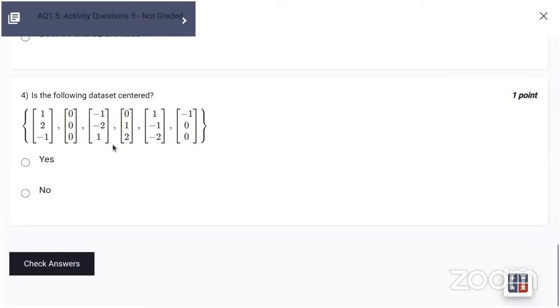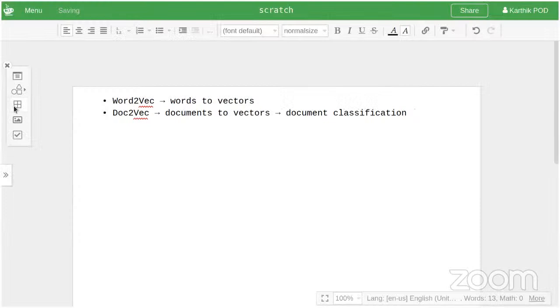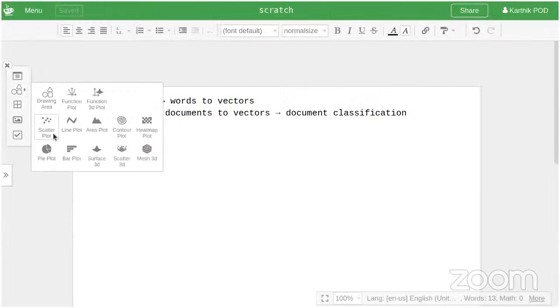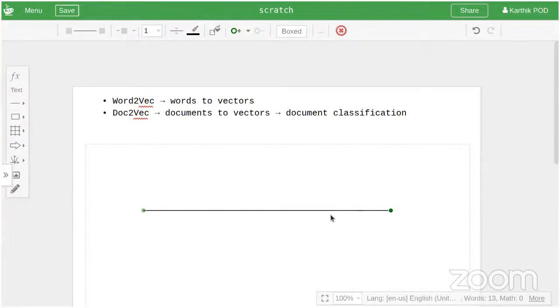If you want to understand it visually, see, for a 1D case, it will look something like this. If the center of this line is 0, then you will have a bunch of points on either side of it. You will have some points here, some other points here.